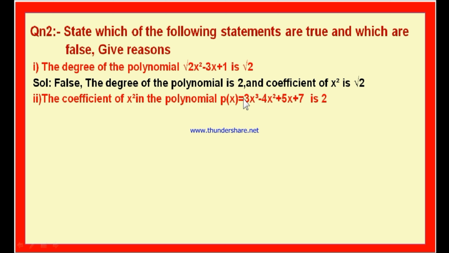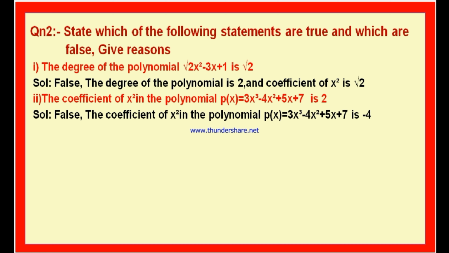Therefore the value which is multiplied with x square is called the coefficient. Then here the coefficient of x square is minus 4. But what is given? It is given as 2 in the question. Therefore the given statement is again false. The coefficient of x square in the polynomial is minus 4.